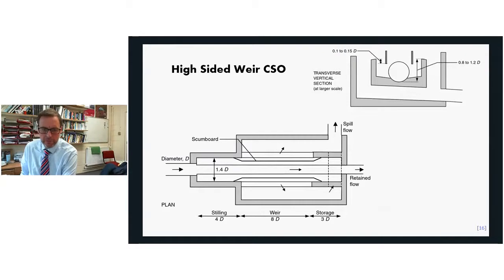So if we look at the picture in the bottom left first, the flow is going from left to right. So during dry weather flow, it's just going right through there. Okay, and on the picture above, that's represented by the circular pipe. So the flow just goes straight through.